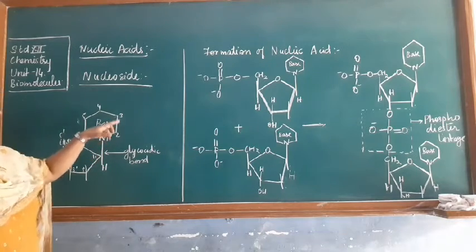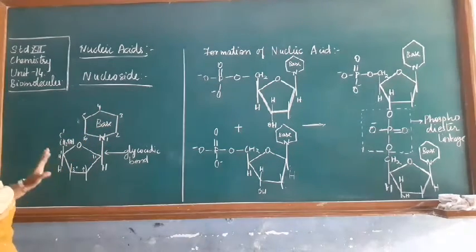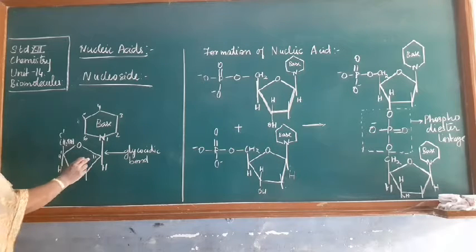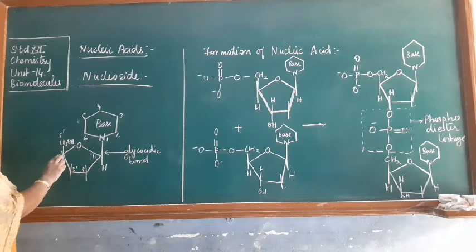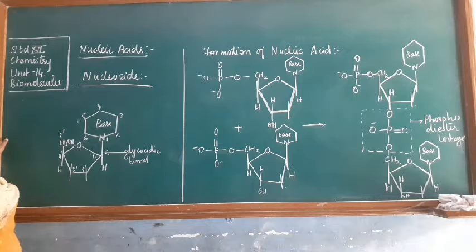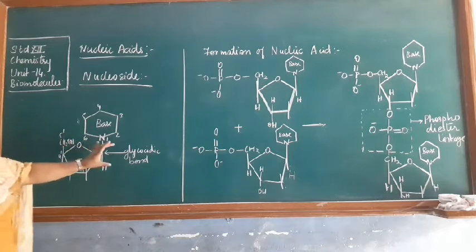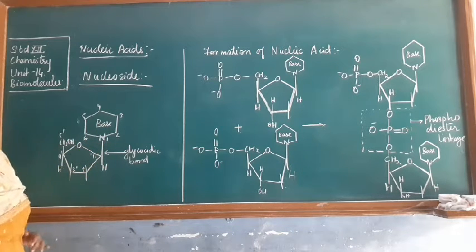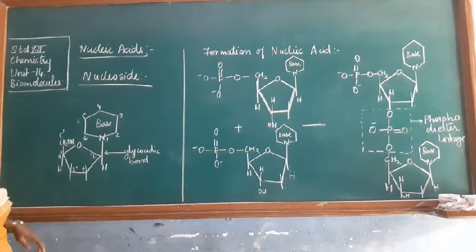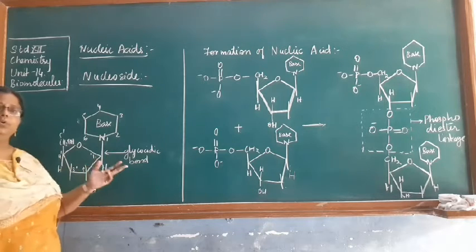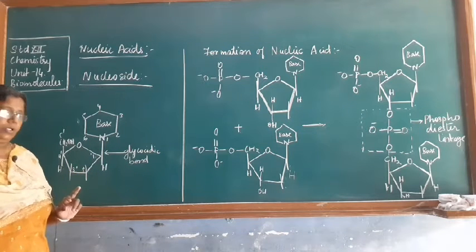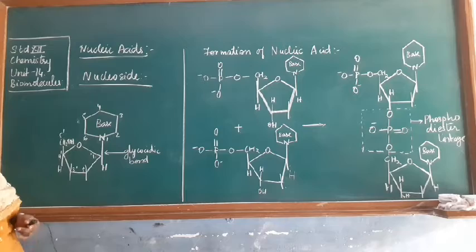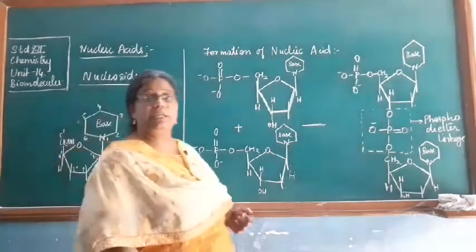Then the carbons of the pentose sugar are numbered 1 dash, 2 dash, 3 dash, 4 dash, 5 dash. These two are bonded together by a glycosidic bond. When you hydrolyze a nucleoside, you get only two components, the base and the pentose sugar.